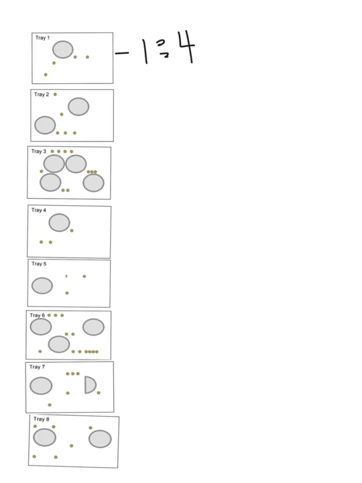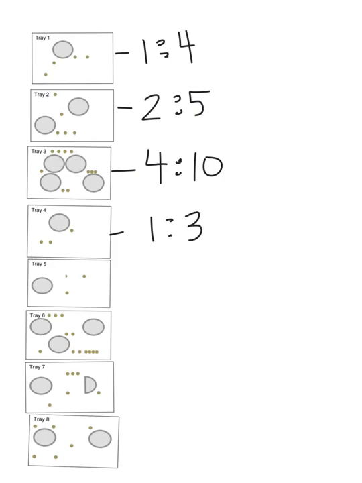In tray two, I see two cookies and 5 chips. In tray three, I see 4 cookies and 10 chips. In tray four, I see 1 cookie and 3 chips. In tray five, I'm seeing like half of a chip there, I think. So I'm seeing 1 cookie and I'm seeing 2.5 chips.